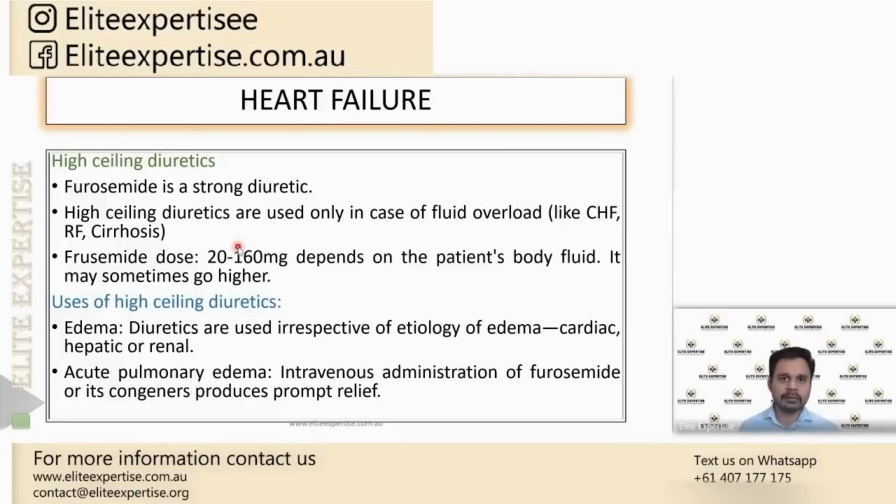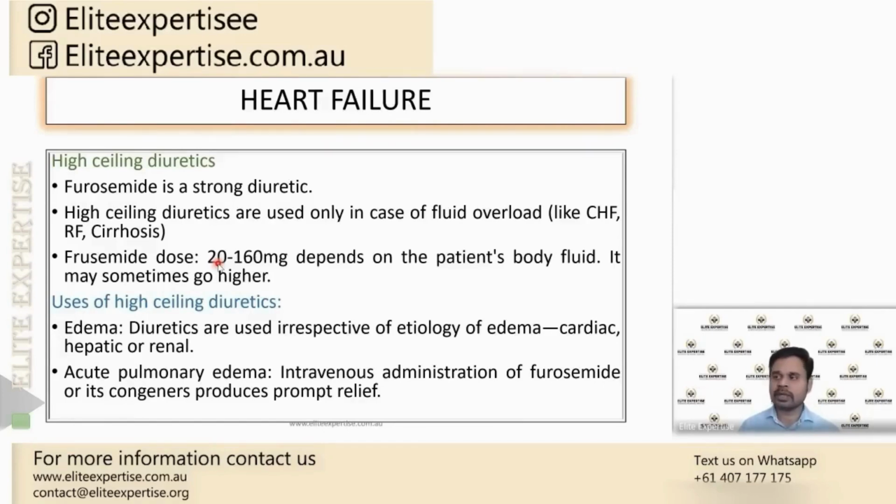If there is further improvement in the symptoms, then they will reduce from 80 to 40. And again, they will ask the patient to revisit after 1 or 2 months. If there is still further improvement, then they will cut down the dose to 20 milligram. So it means that we must always try to bring the furosemide dose back to as low as possible.